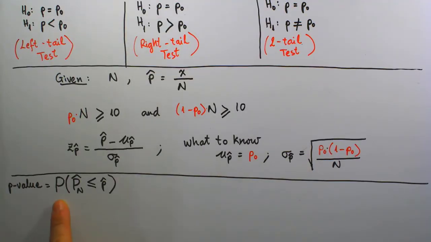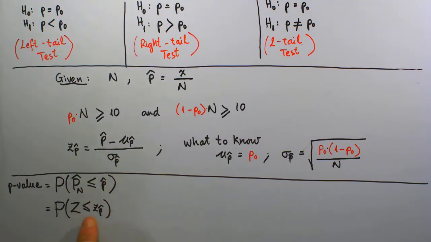And this is where we can put our problem on a bell curve and calculate the probability as stated here, as the probability where we find a z-score less than or equal to the z-score for our p-hat that we have calculated previously.